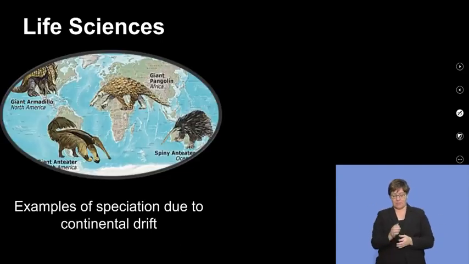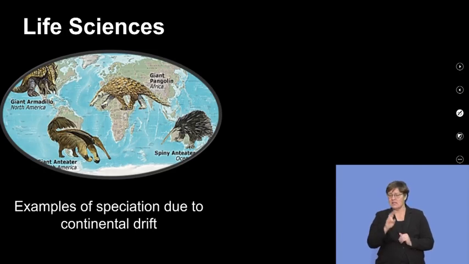All right, another example of speciation due to continental drift is the animals that we call anteaters, pangolins or armadillos. Here we can see the giant armadillo on the North American continent, the giant anteater on the South American continent, the giant pangolin in Africa, and the spiny anteater in Australia and New Zealand.